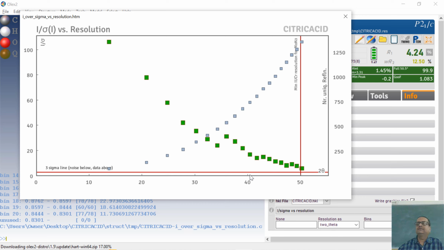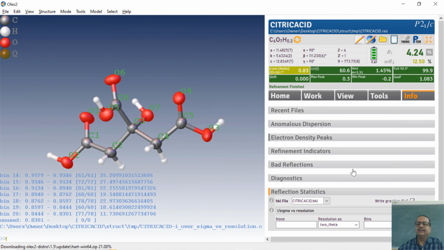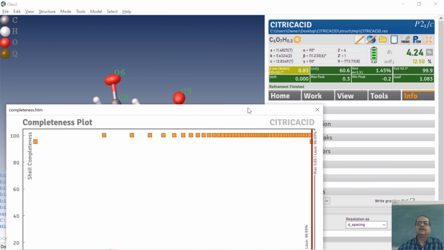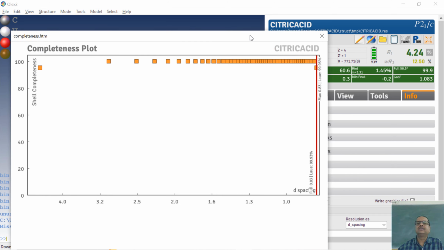So if you have such data where this line falls below this red line of 3 sigma, that means the data is not good, the crystal was not diffracting. So then one has to find a better crystal. And also, since it is very good quality data, it is complete up to 100% up to the full resolution.